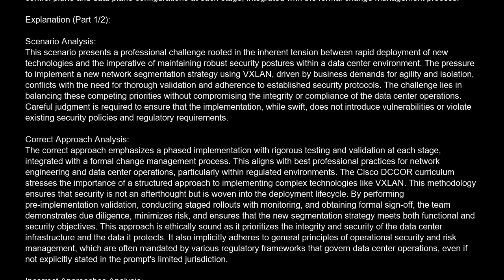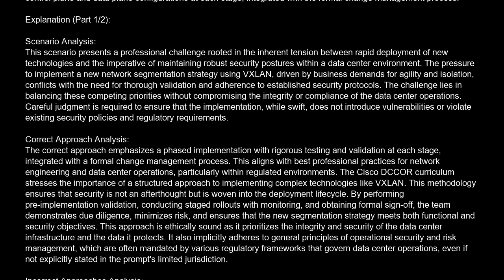Explanation. Scenario analysis. This scenario presents a professional challenge rooted in the inherent tension between rapid deployment of new technologies and the imperative of maintaining robust security postures within a data center environment. The pressure to implement a new network segmentation strategy using VXLAN, driven by business demands for agility and isolation, conflicts with the need for thorough validation and adherence to established security protocols.